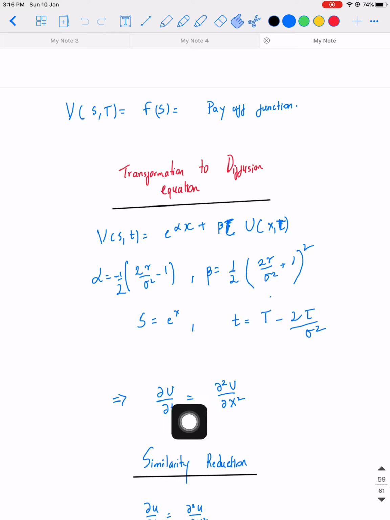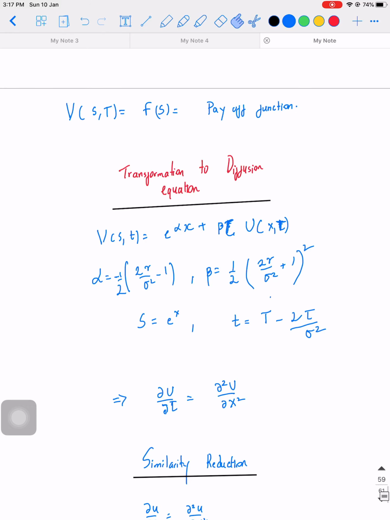This thing had to be a tau. So let me just write it down. So what you have is this particular expression, delta is equal to this.